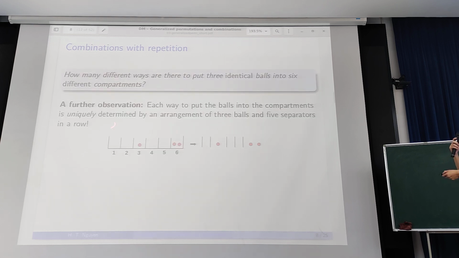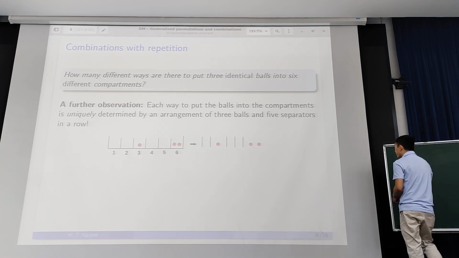Now if we remove the bottom of the boxes and suppose the boxes are arranged next to each other, so that between two boxes there is only one separator, then this situation can be represented by this picture, where we use a vertical line for a separator and a dot for a ball.